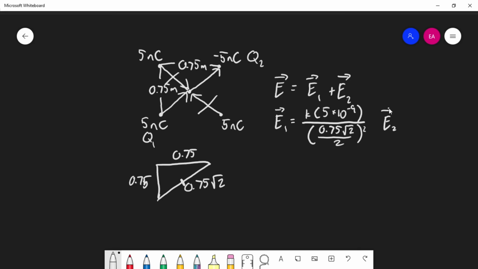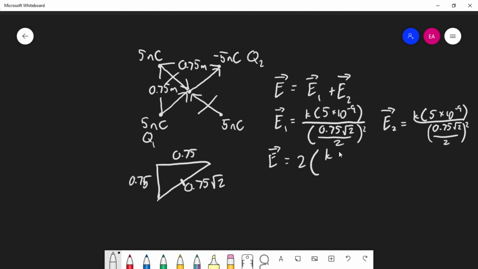E2 is the same concept. That would be equal to K times, this is only just the magnitude for now because we know the direction already, K times 5 times 10 raised to negative 9 coulombs all over the same distance, 0.75 square root of 2 all over 2 squared. Now, to get E total, we just simply add them, or basically multiply by 2.